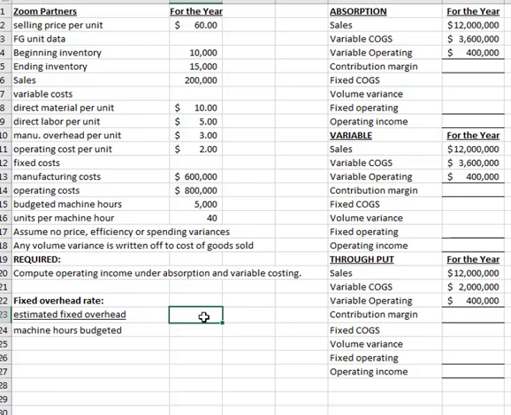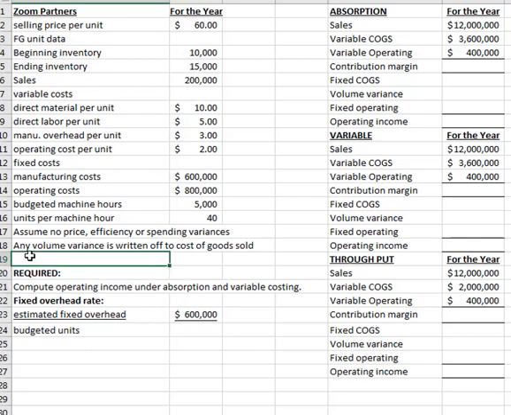Now the budgeted fixed manufacturing overhead they give you, and then I think they should have told us how they were applying overhead, whether they were doing it based on machine hours or based on units. But let's spread it based on units. I don't think they tell you that, but they should. Let's add that.